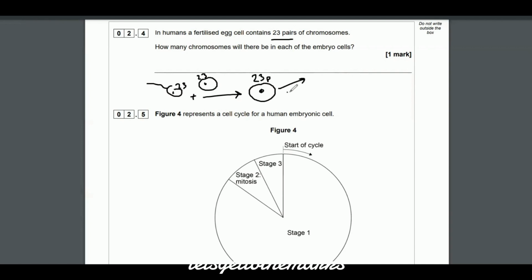Then by mitosis, this divides into a ball of cells, but each one is identical to the fertilized egg. So each one has 23 pairs. You can't just say 23, because that would be half the amount they would have. So 23 pairs or 46 is the correct answer.